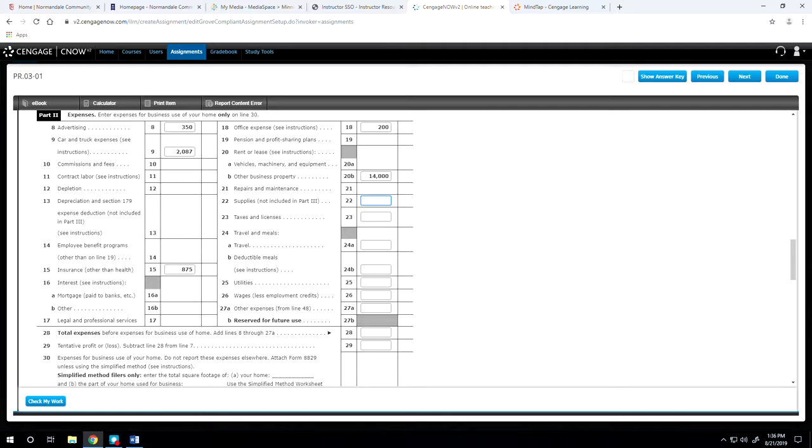Supplies. Okay, so the supplies that they're talking about is a little bit higher on the income statement under cost of services. That supplies number there, $1,548. Taxes and licenses, we're going to combine two things for that one. Go look at, where is it?